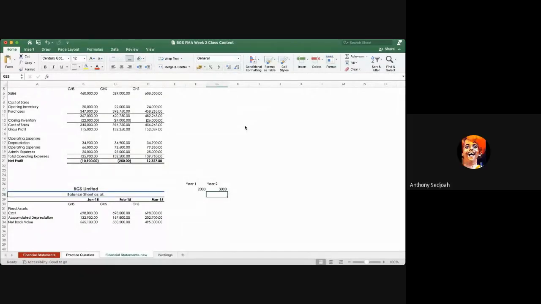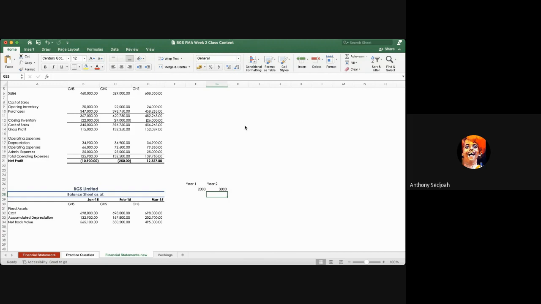Okay, so I have bought an asset in 2021. For this depreciation, I want you to take it either as losing of value or the accountant version of depreciation, which is spreading of cost. So let's just use the losing of value. I bought an asset in 2021, and the asset has depreciated by 2,000 cedis.